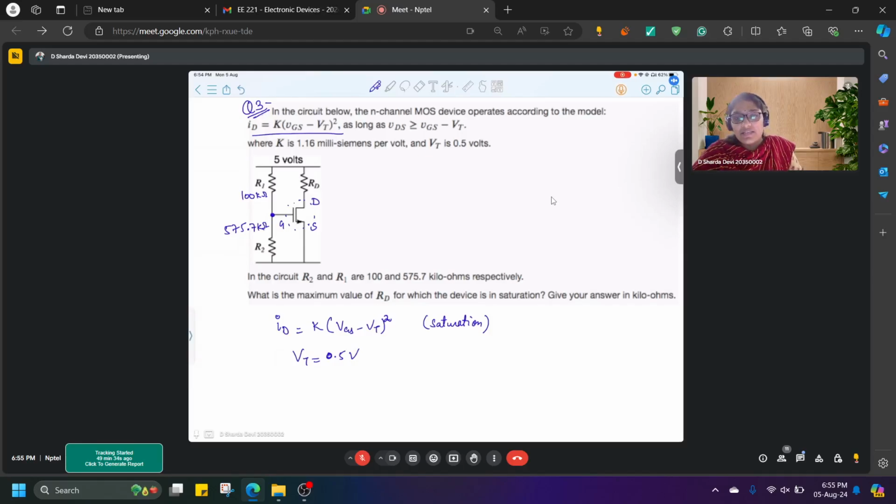So that means your transistor is in on state. And here it is given that K is 1.16 milliamperes per volt squared.